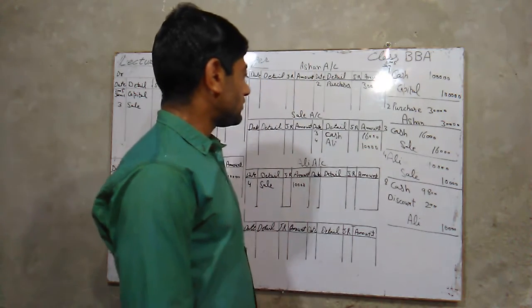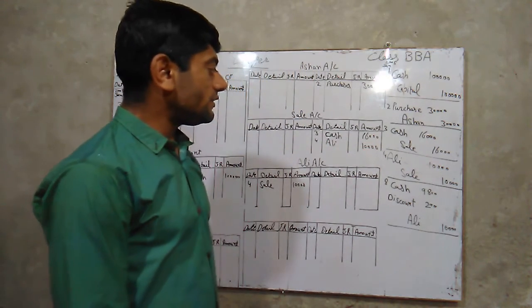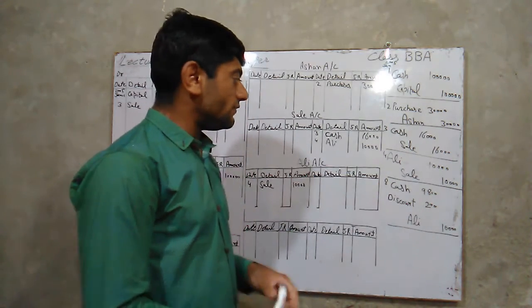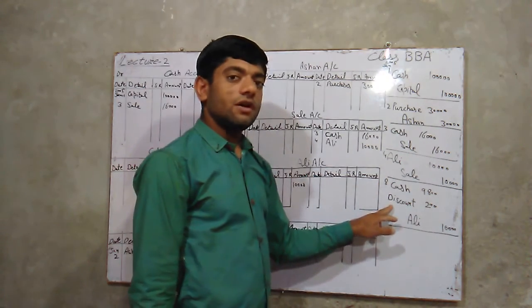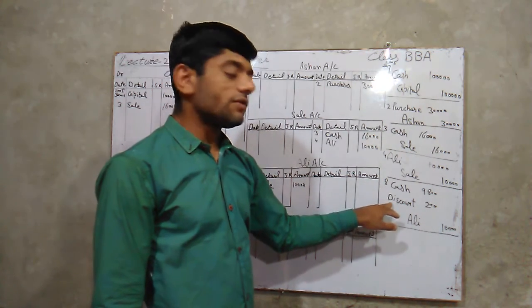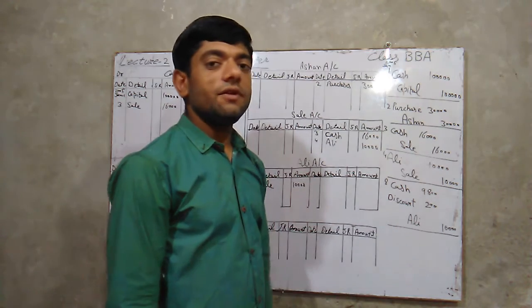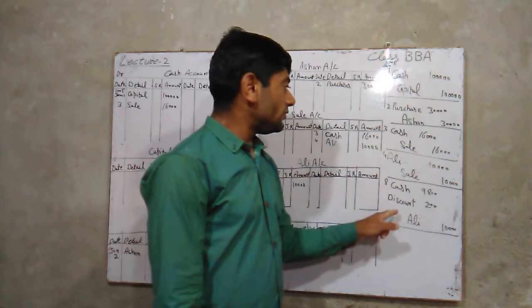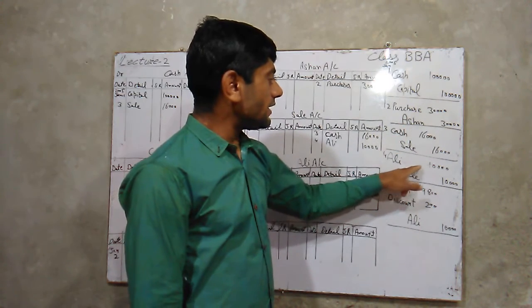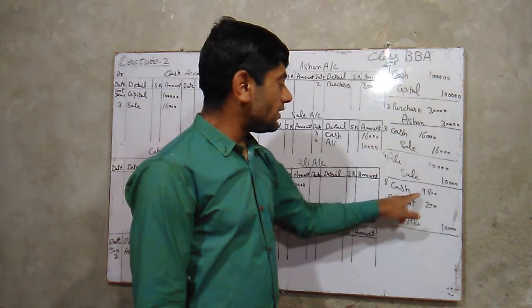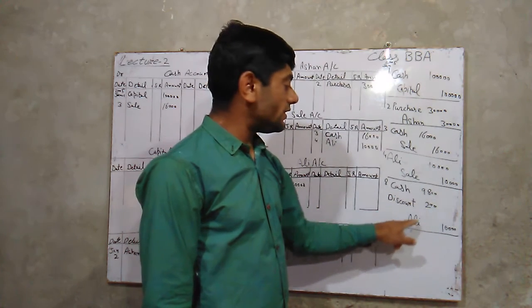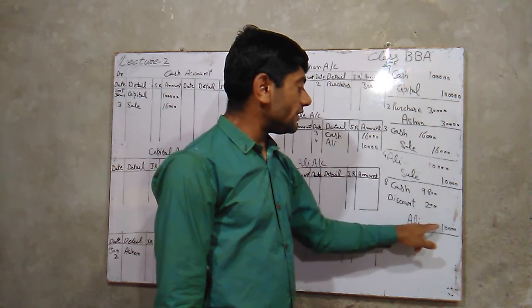Now the next entry is cash received, discount allowed. When we give a discount, it is our expense, so it's debit. Discount received is our income, so it's credit. So we received an amount from Ali: out of 10,000, we received 9,800 and gave a discount of 200, and the total amount credited to Ali is 10,000.